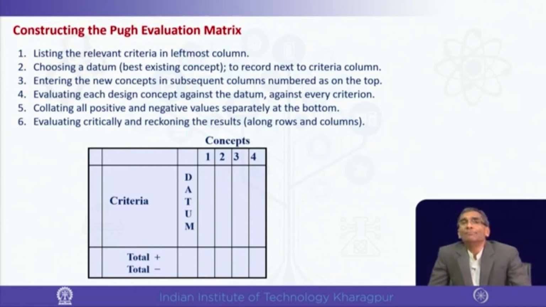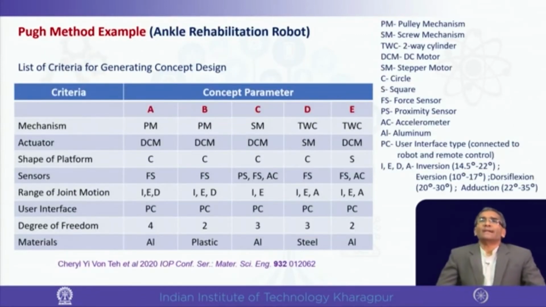Those who are in favor of that concept are presenting it and everybody will discuss it. The datum is already presented, and against the datum it is being compared. So, that is what the text is written about, and then it is evaluated across the rows and columns, horizontally and vertically. Now, we will take an example of the Pugh method with a 5-way process.